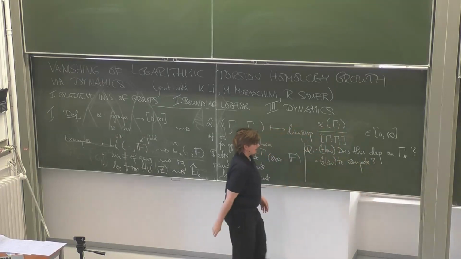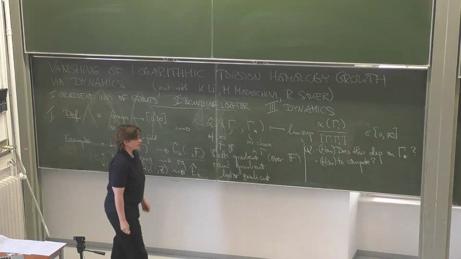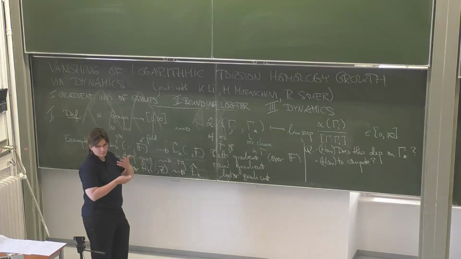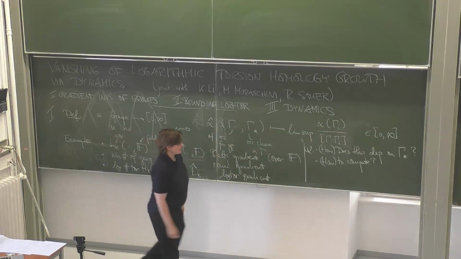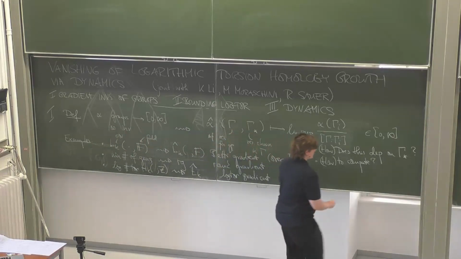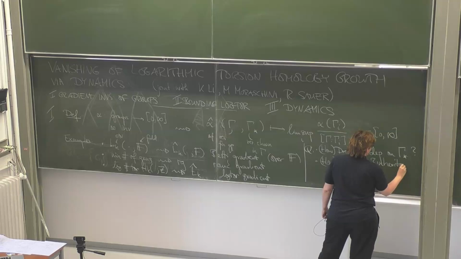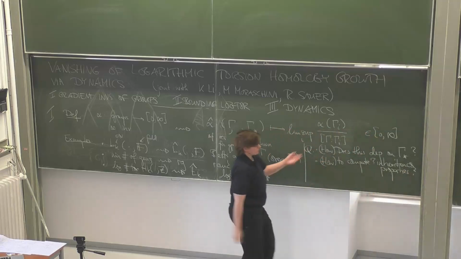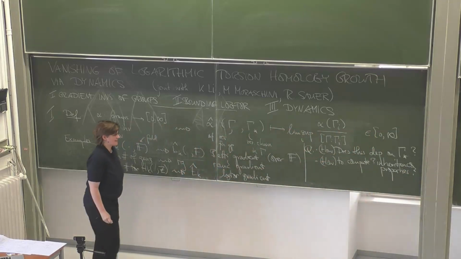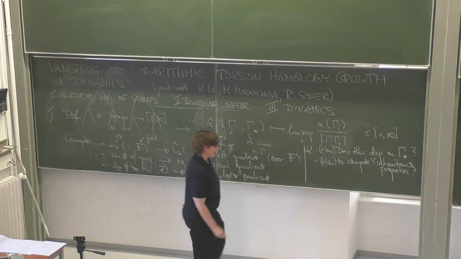Computing things usually means that you have to understand what kind of inheritance or divide and conquer properties you have, so it's more or less the same as looking at inheritance properties. And then you might also wonder what's the meaning of all this. Maybe I'll come back to that later.